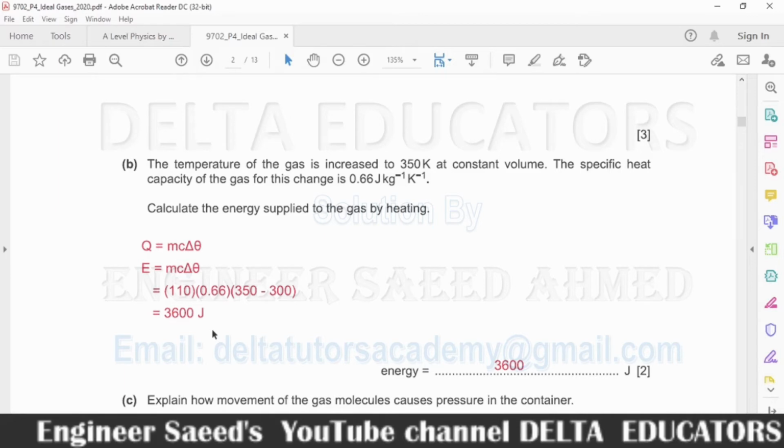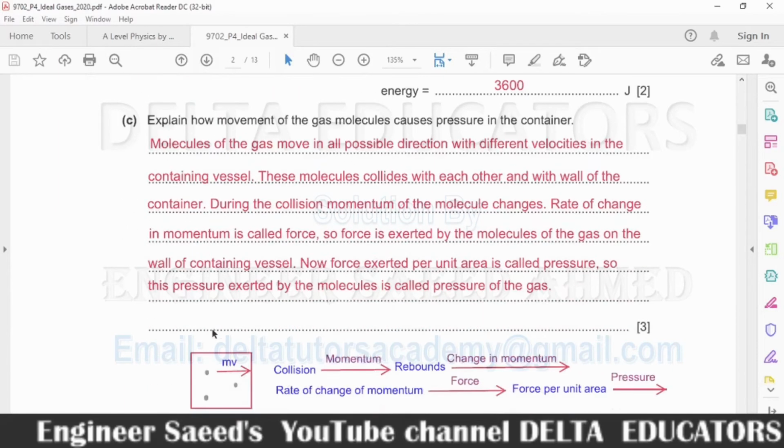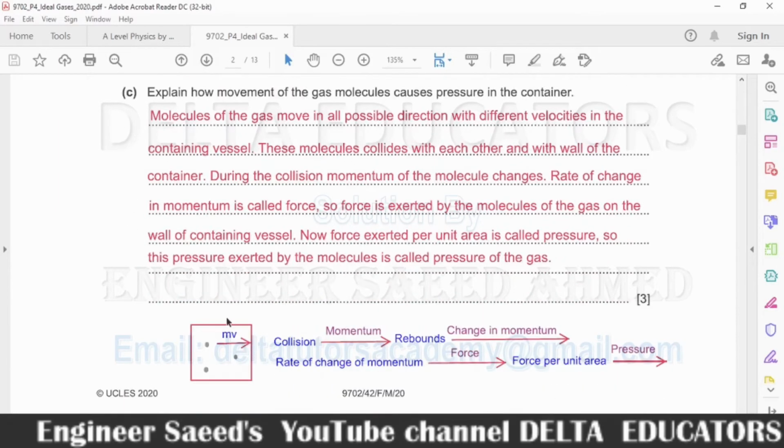Next part C. Explain how movement of the gaseous molecule causes pressure in the container. Let us suppose we have a container. In this container we have gaseous molecule. Now these gaseous molecules move in all possible direction with different velocities in the containing vessel.